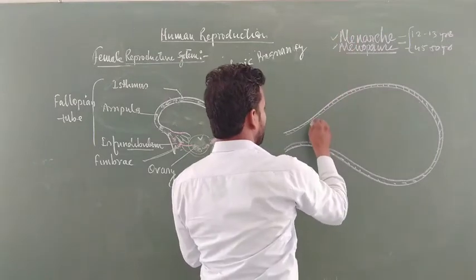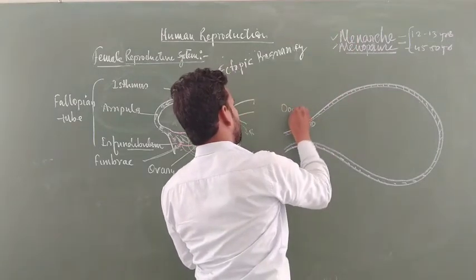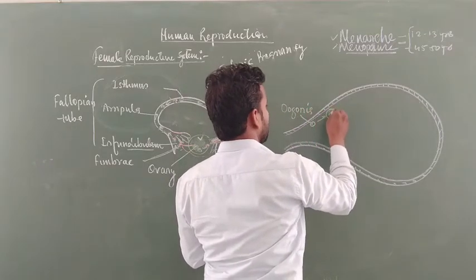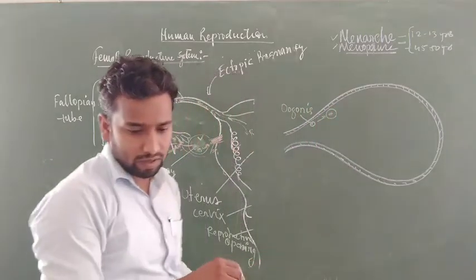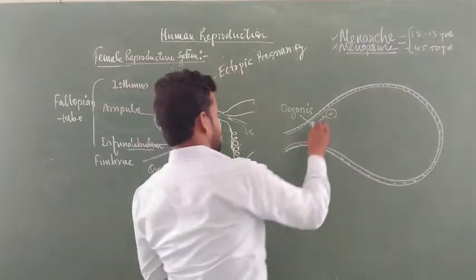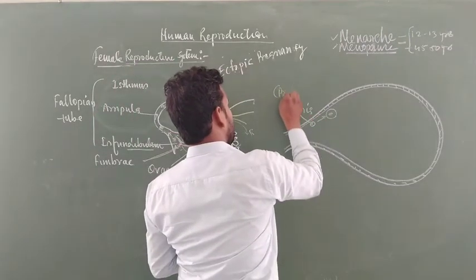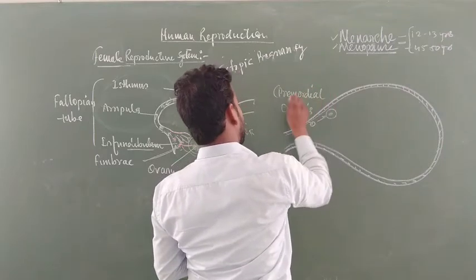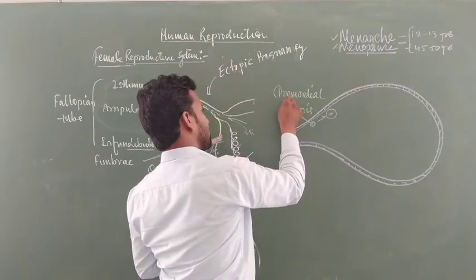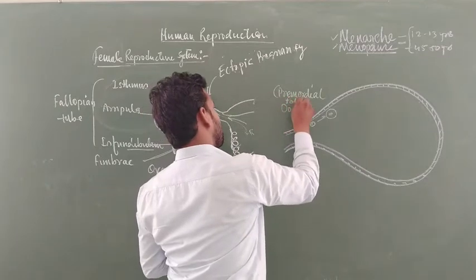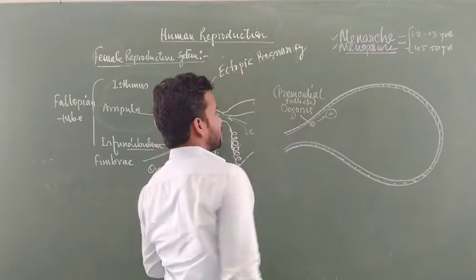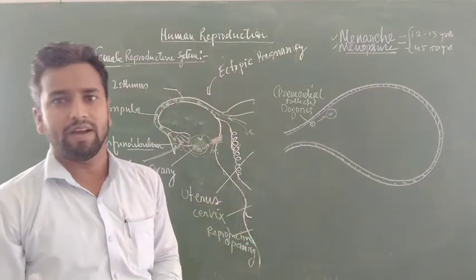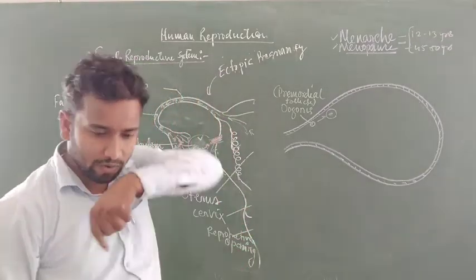Here the oogonia help in the formation of the female gamete. The oogonia first develop into the primordial follicle. The primordial follicle undergoes meiotic division, and forms a secondary oocyte and a polar body.